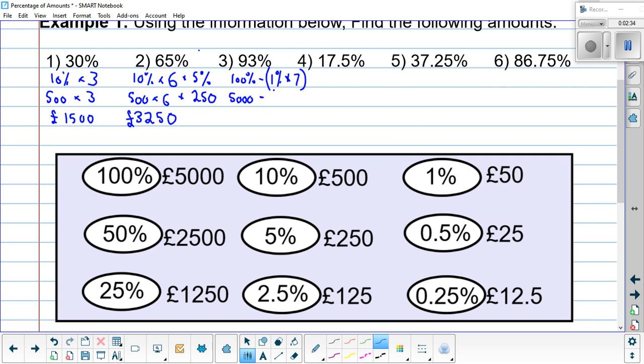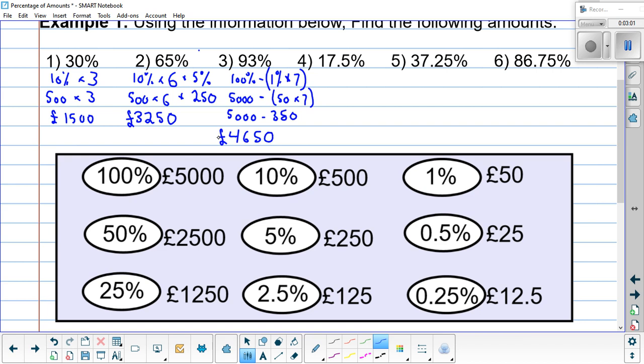That's 50. So 50 times 7. Well, 5 times 7 is 35, so that's 350. So 5,000 minus 350 will give us 4,650. Don't forget your units of pounds.